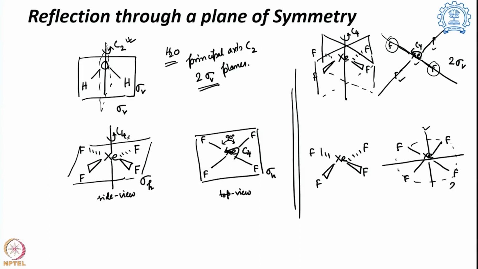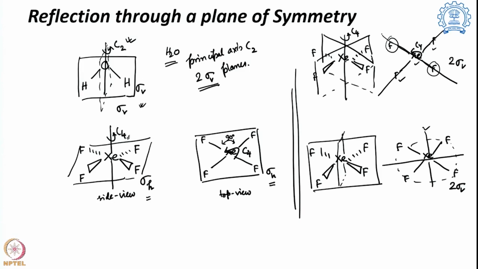So, there are other two sigma V's. This is nothing but the plane of this molecule and perpendicular to it, very similar to the water I have drawn. So, these are the other sigma V's. So, there are 4 sigma V's and 1 sigma H plane, which is the plane of the xenon fluoride.